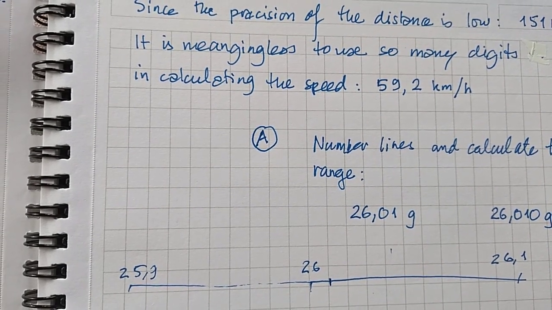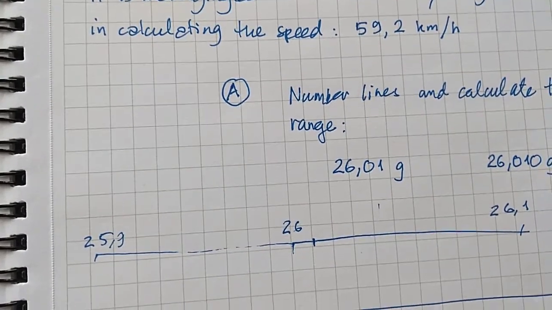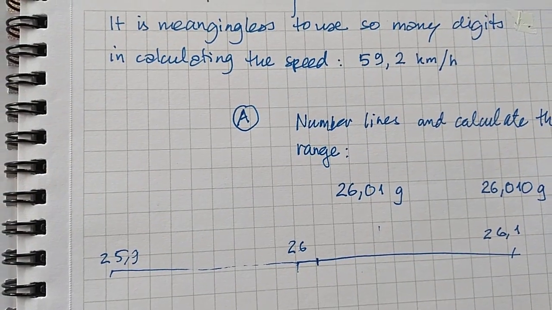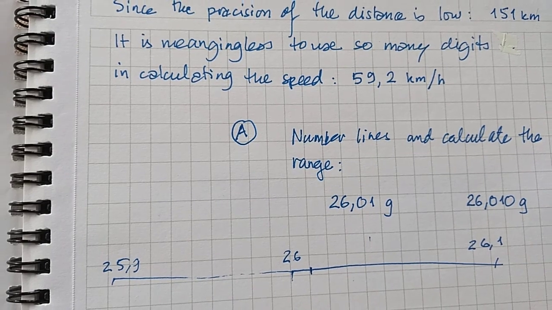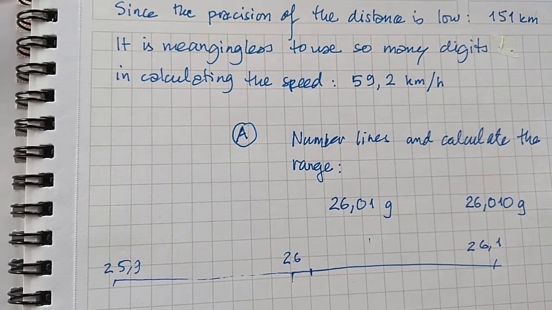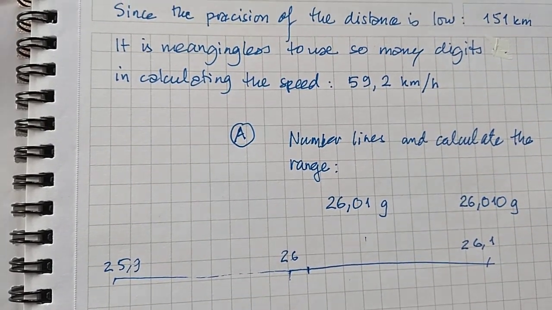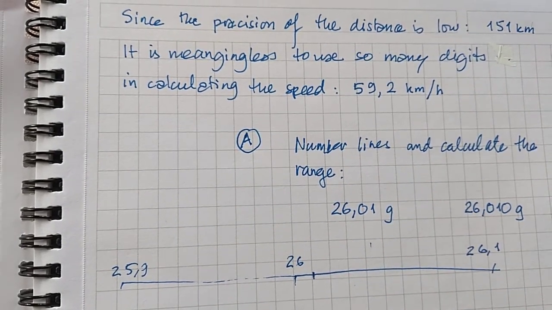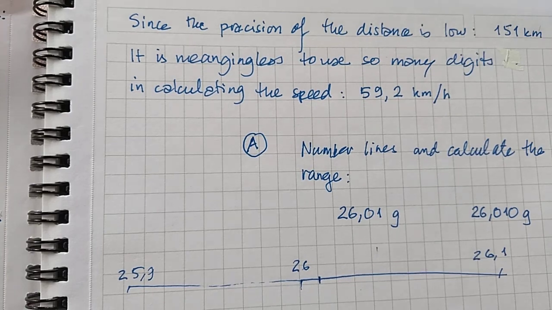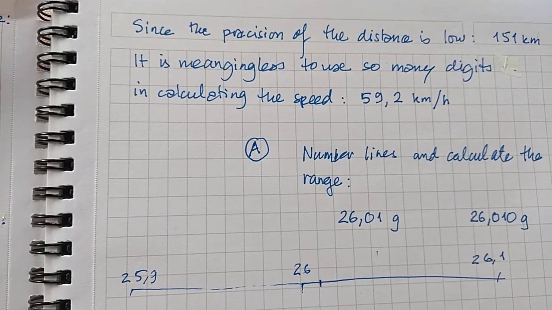You mark 26.01 there. You mark 26.02 there. You mark 26.03 there. Then what will you get here? You'll get 26.0.